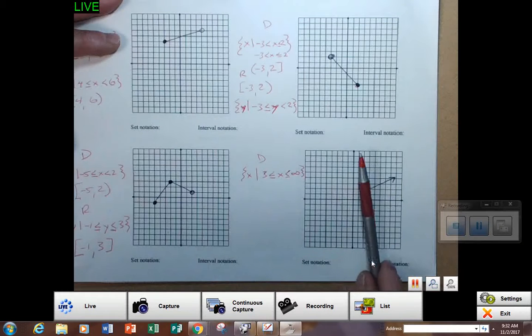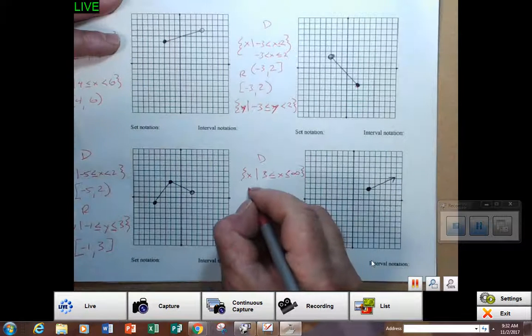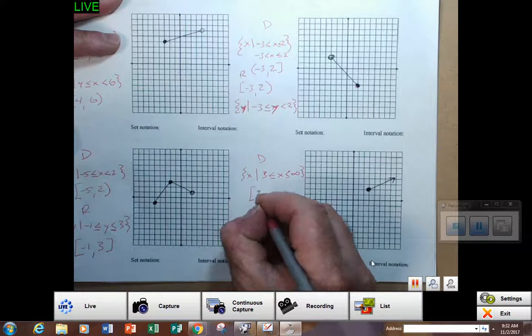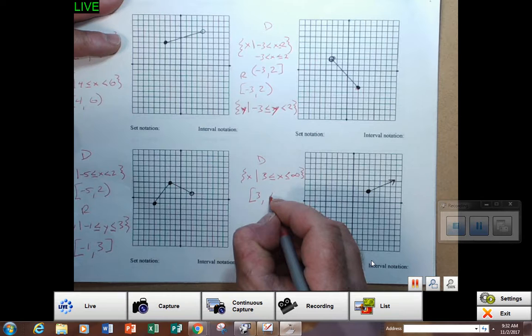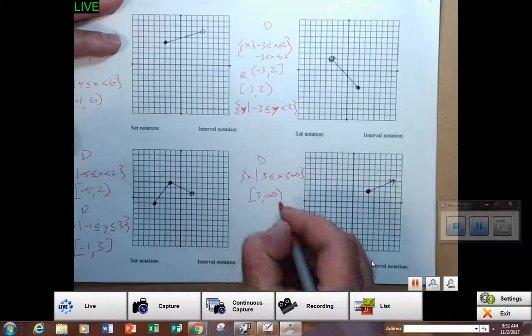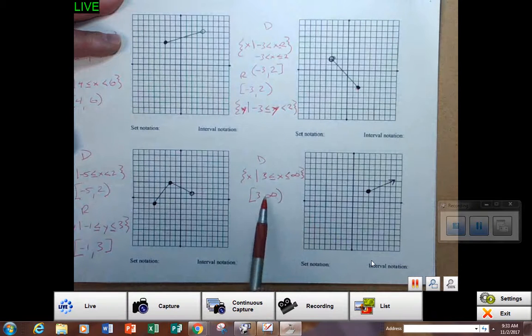There is no right boundary to that. So for interval notation, that would be square bracket on the 3 because that's a solid circle, to infinity, rounded bracket, and notice the symbol on that infinity is positive because that is going off to the right.